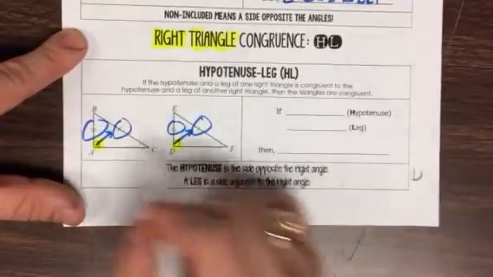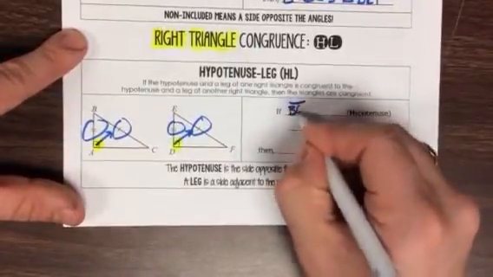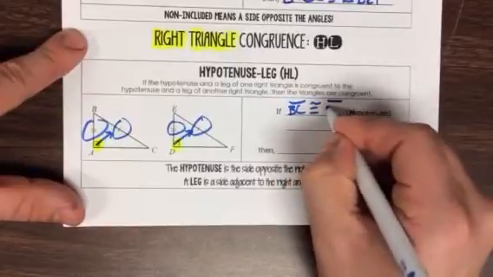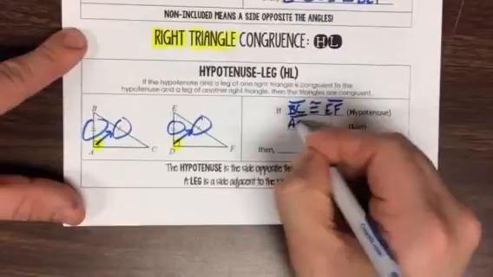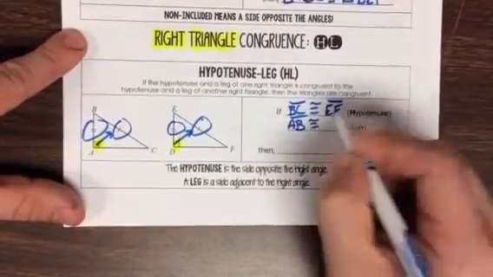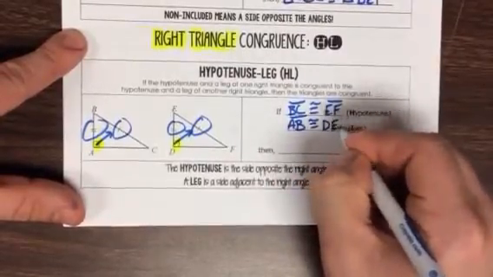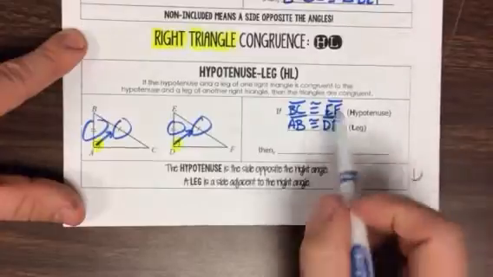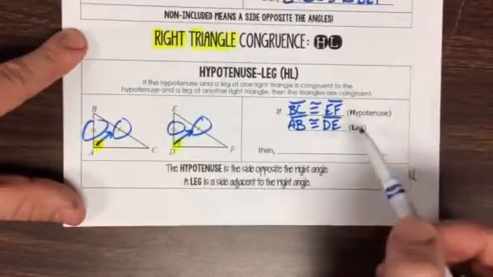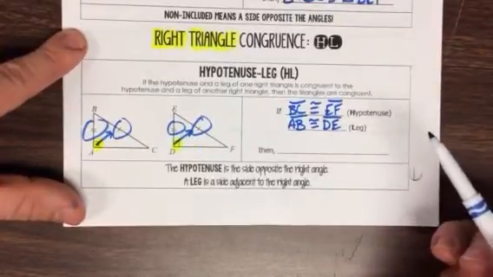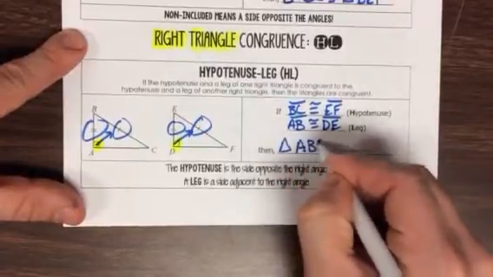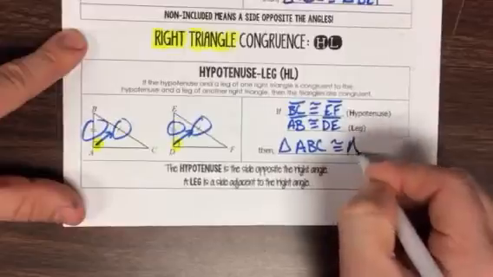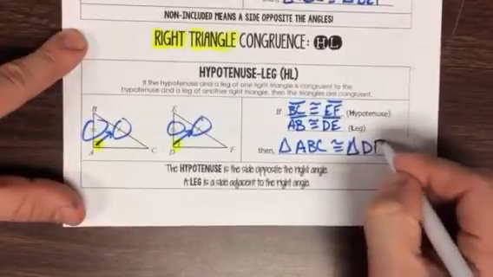So the hypotenuse, segment BC, is congruent to segment EF, and the leg, segment AB, is congruent to the leg, segment DE. Because of those two pieces, this is called the hypotenuse-leg congruence. We've proven that triangle ABC is congruent to triangle DEF.